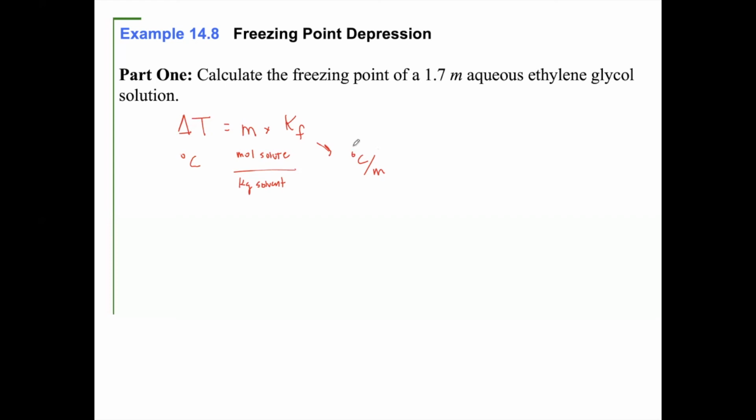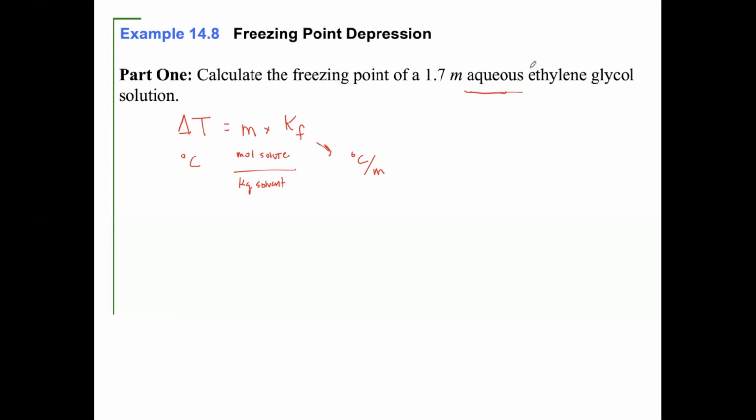In many of these solution examples, the solvent is water. So there's the constant for the freezing point for water, and then there's the constant for the boiling point for water. When you encounter these questions, look for the word aqueous, because that's indicating that ethylene glycol is dissolved in water.